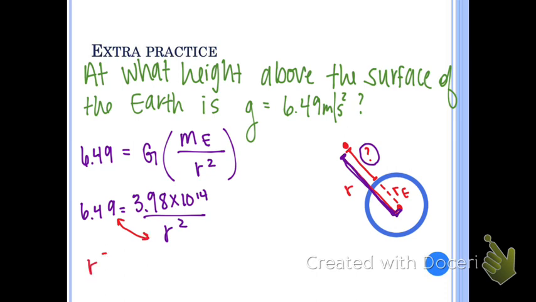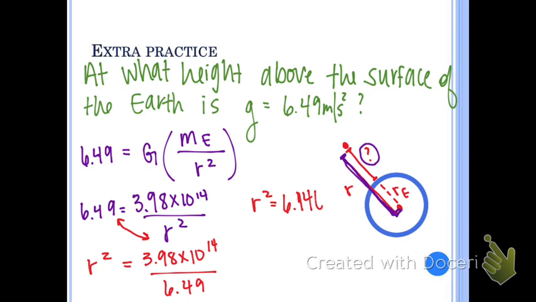It would end up being R squared equals 3.98 times 10 to the 14th over 6.49. So then I can go ahead and do that math, right? My 3.98 number is already in my calculator. So I'll go divide by 6.49. And that gives me R squared equals 6.146 times 10 to the 13th.